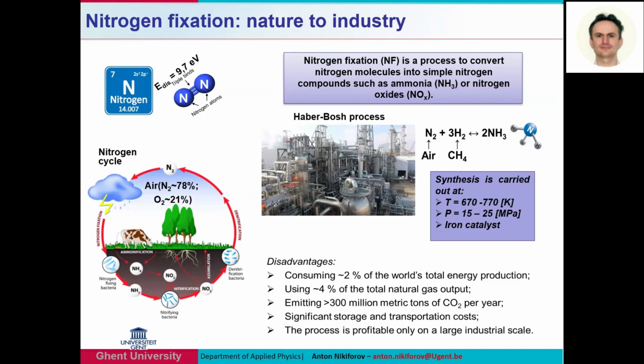It's the main process which is currently used to produce fertilizers. And it is based on the use of catalysts at high temperature and high pressure, when ammonia can be produced rather efficiently with energy cost of about half megajoule per mole.